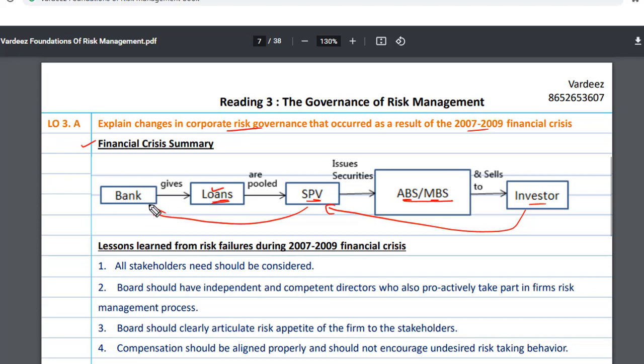So effectively, the bank gives out loans and gets its money quickly with the help of the SPV. Overall, this is a win-win situation for a bank. They just have to give out more loans, pass them on to the SPV, convert them into securities, sell them to investors, and you have your money. You don't have to wait 20 years to receive your mortgage payments.